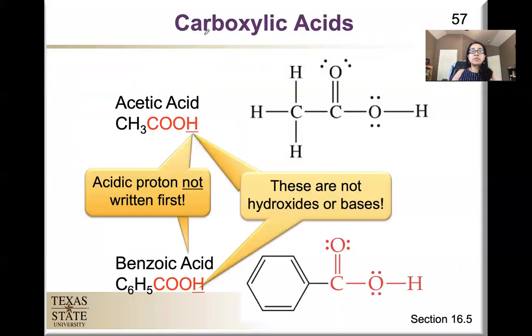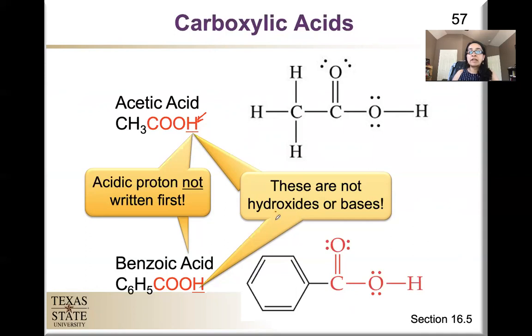Now, here is just to remind you about the carboxylic acids. This is an example of acetic acid again, CH3COOH. Notice that only that one hydrogen in the COOH is acidic, meaning that that's the only proton that can be donated out of that molecule. I also want you to identify the fact that if you have COOH, that's not showing a hydroxide, right?